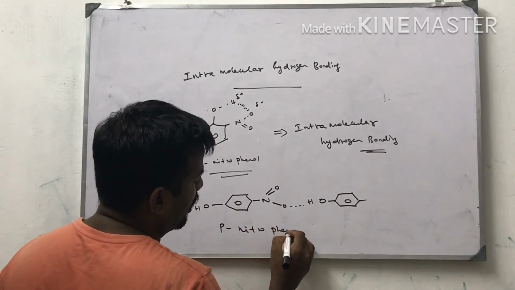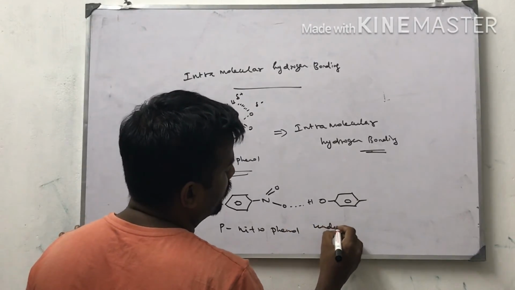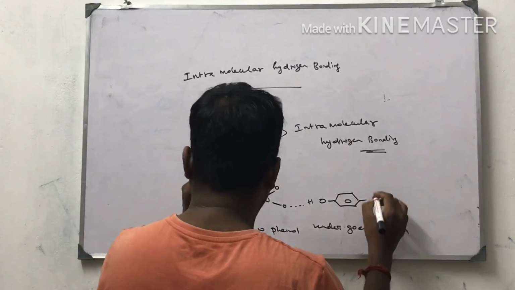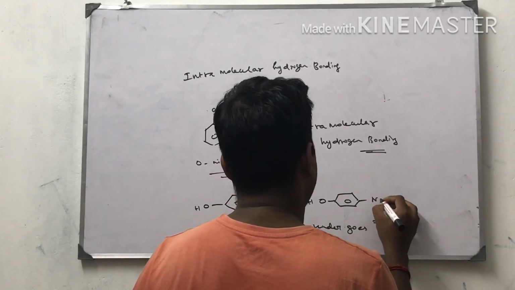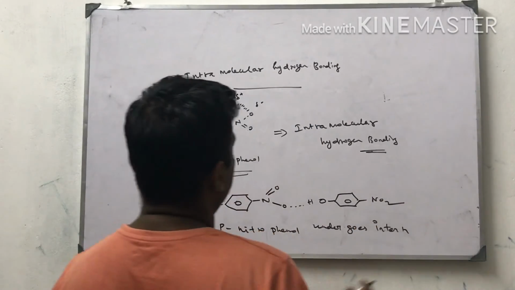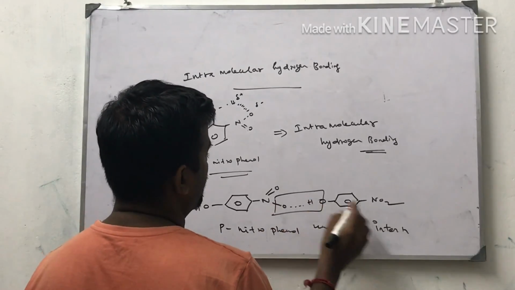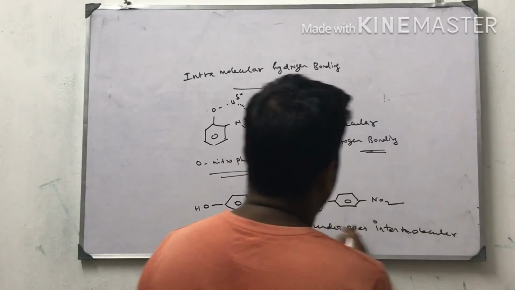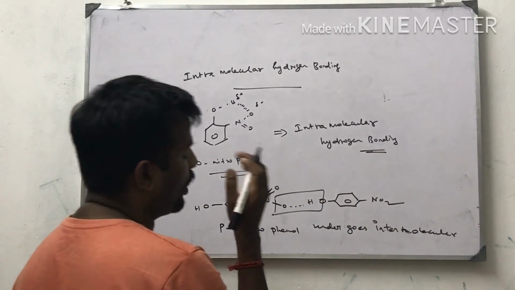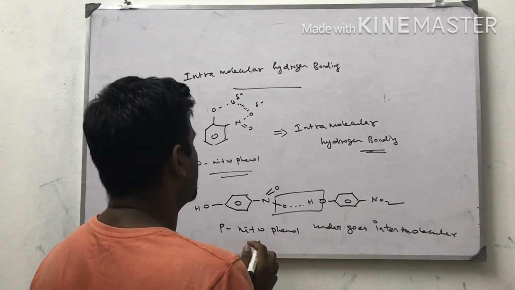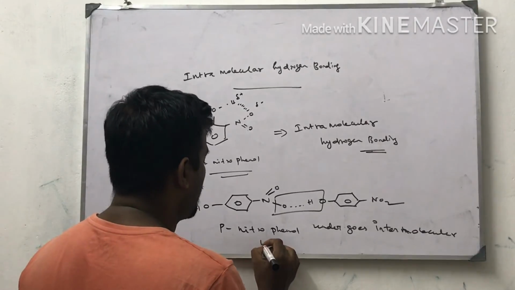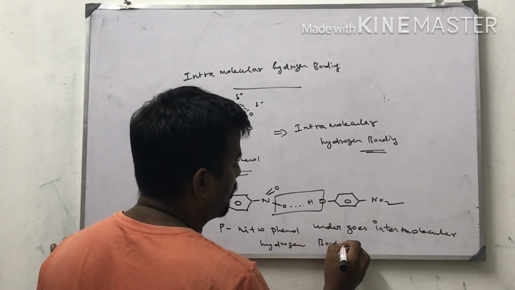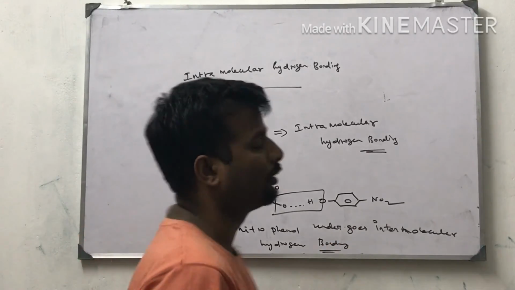Para-nitrophenol undergoes intermolecular hydrogen bonding, like that it is going on. Hydrogen bonding takes place between two molecules, so it is called intermolecular hydrogen bonding. Para-nitrophenol is a very good example.